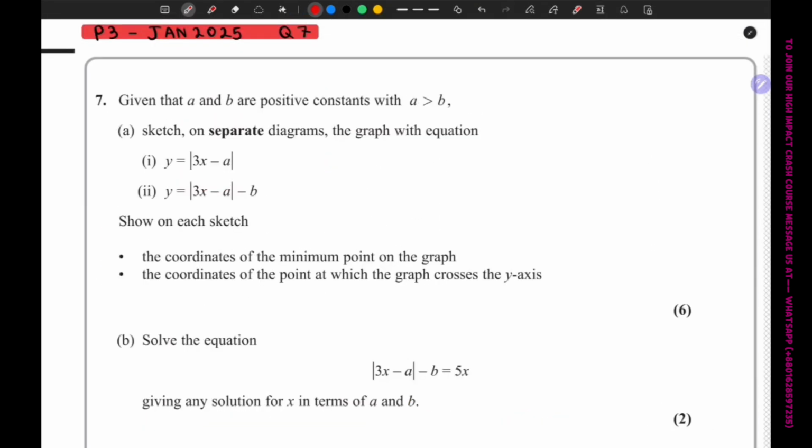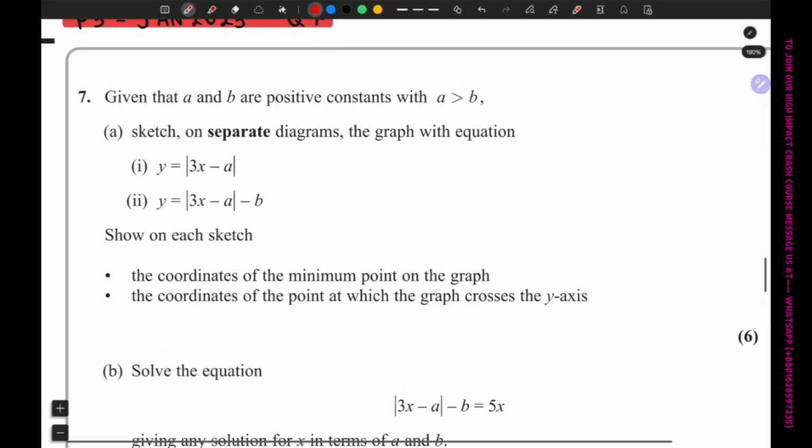So in the previous video I have solved question 6 of P3 January 2025 session. Now let's move on with question 7. Given that a and b are positive constants with a greater than b, sketch on separate diagrams the graph with equation this. Okay, so this is a modulus function. If you all watched the modulus function video on Exam Essentials, this should be clear to you.